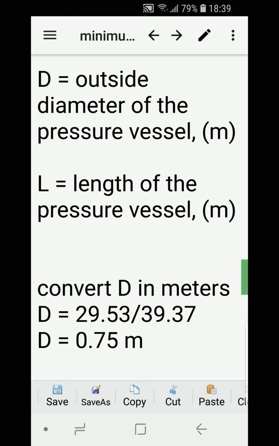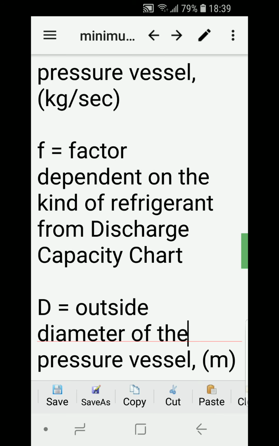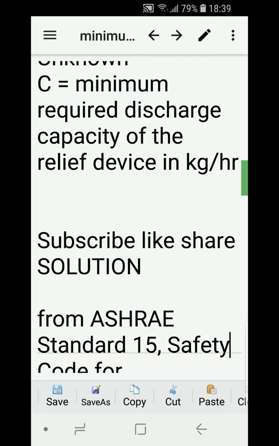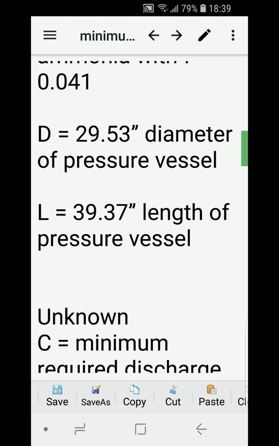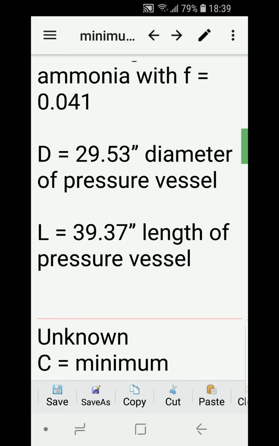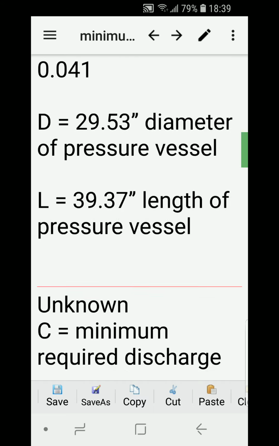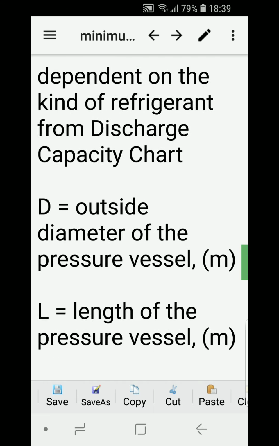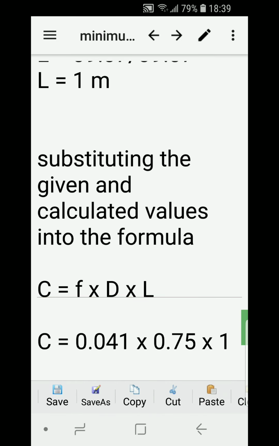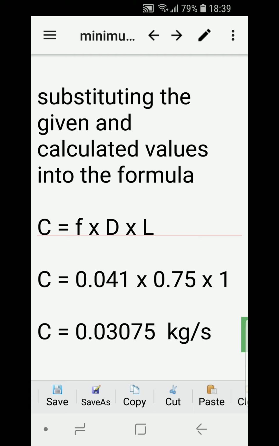Now we are given F as the factor right there, 0.041 for ammonia. The next step would be to substitute the given values and calculated values into the formula.